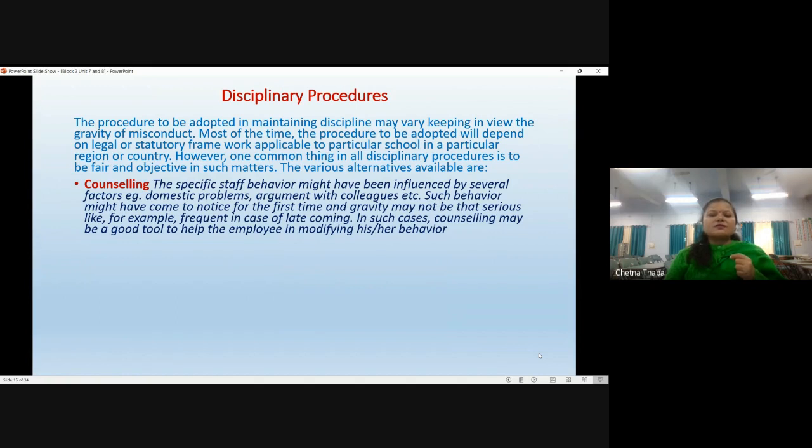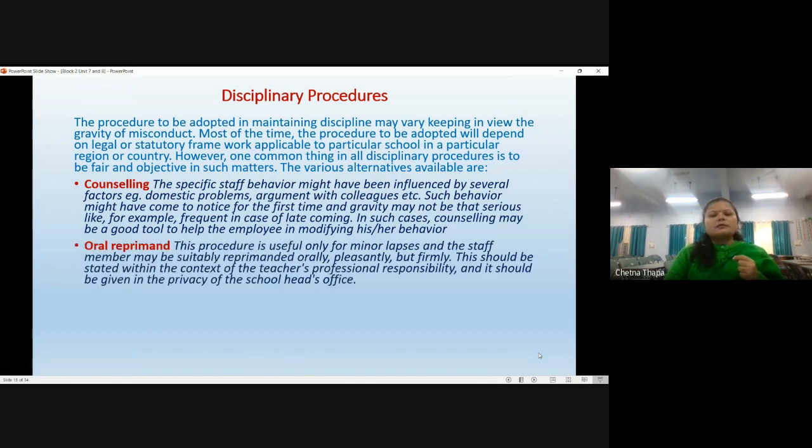Suppose such behavior has come to your notice for the first time, and the gravity may not be that serious. For example, someone is coming late, so that misconduct is not that serious. So you can use counseling as a tool. You can have a word with that employee regarding that misconduct, and you will be able to modify the behavior of the individual.